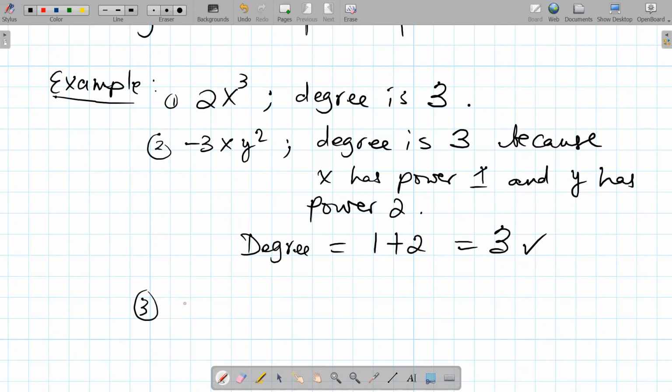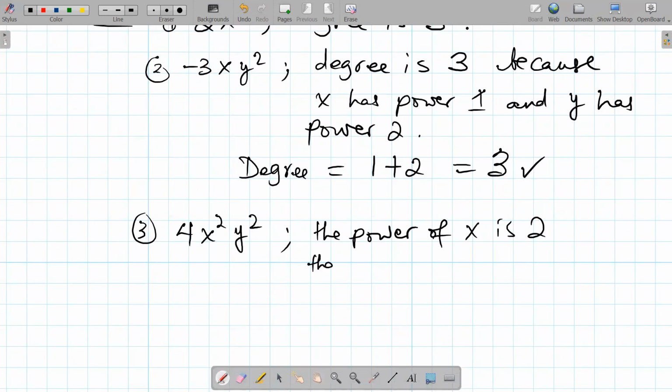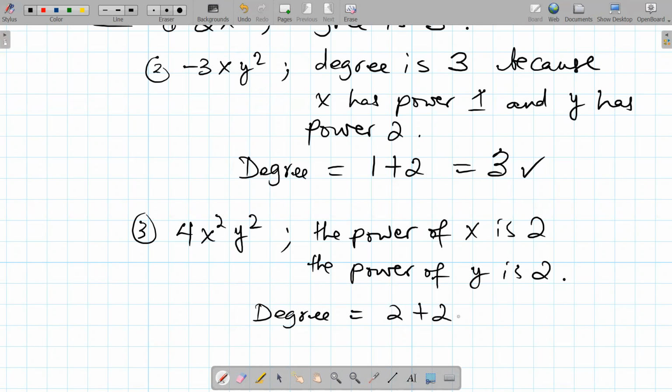Let's look at this one here, 4x squared y squared. Here you see that the power of x is 2. The power of y is also 2. So it means that the degree will be 2 plus 2, and that will be 4.